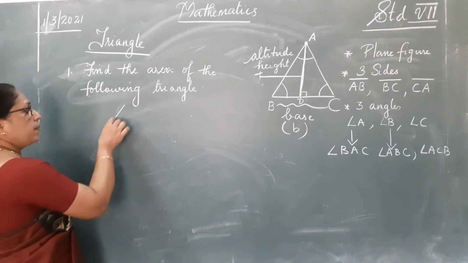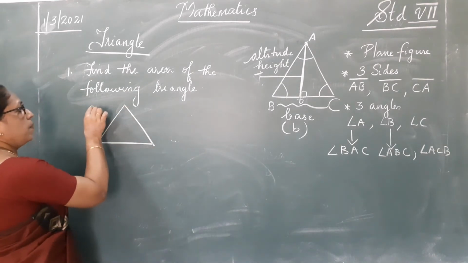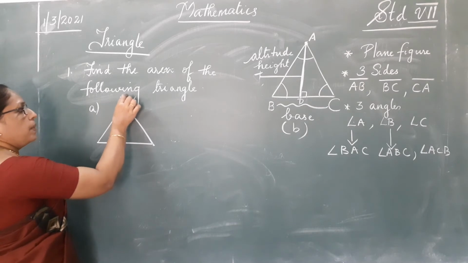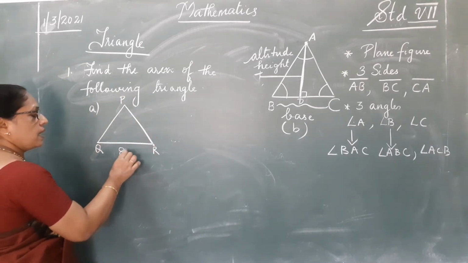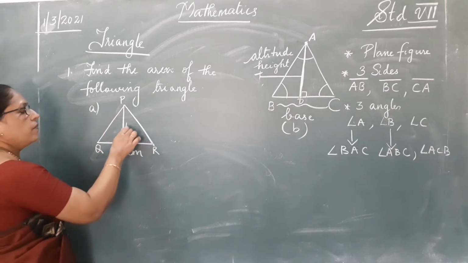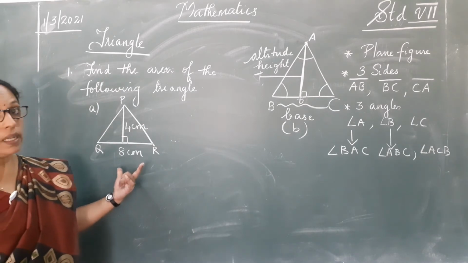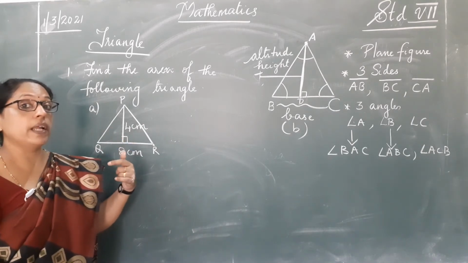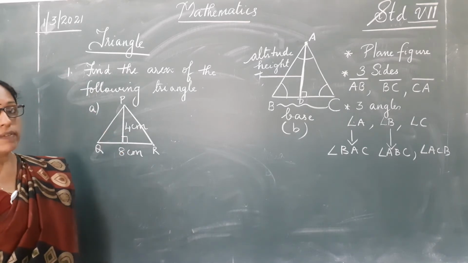Here I am giving a picture of a triangle. First part, A part: triangle PQR, base is 8 centimeter and altitude is 4 centimeter. Base is given, altitude is given, we need to find the area.